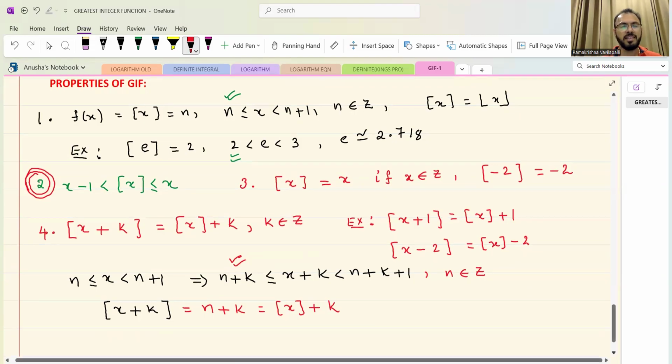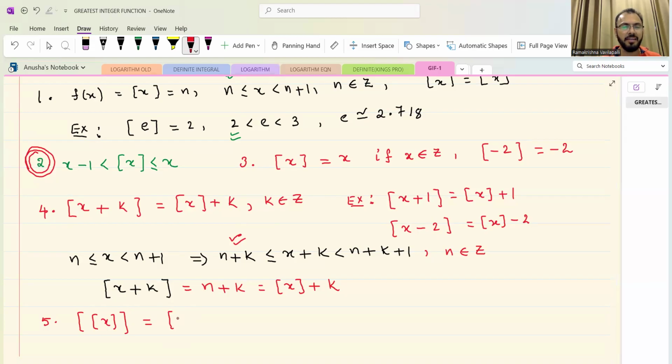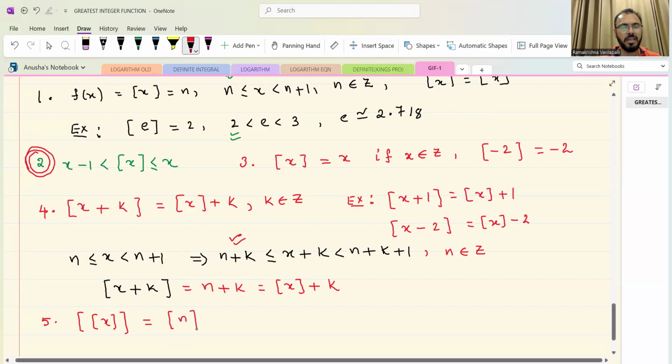Coming to the next property. The next property is the integral part of the integral part of x. Even if you keep 100 integral parts, it is always equal to the integral part of x. The integral part of n is nothing but n.